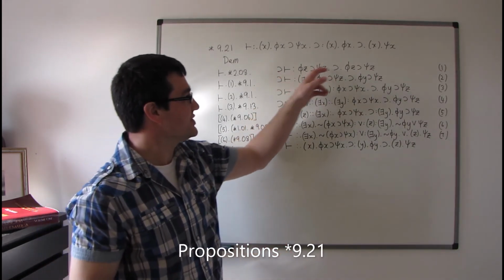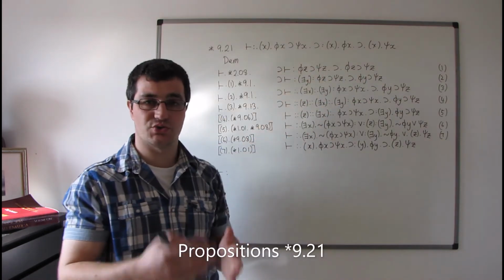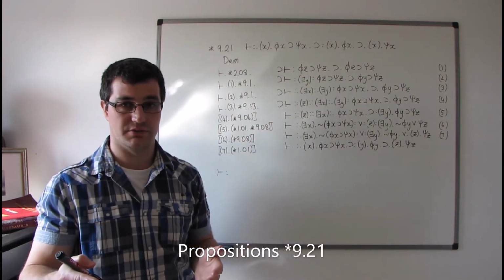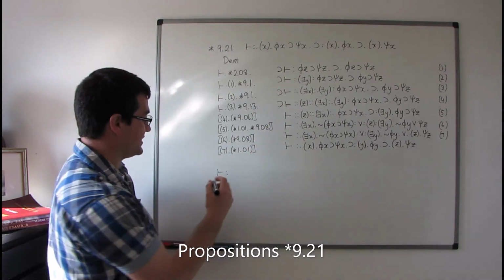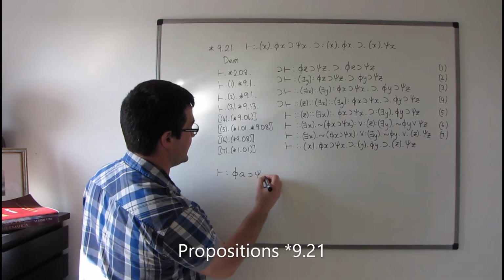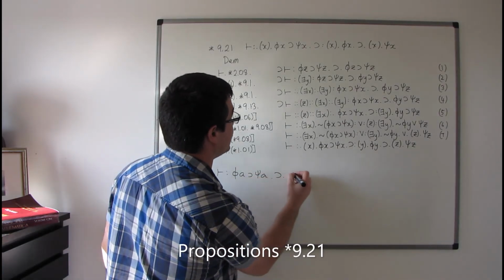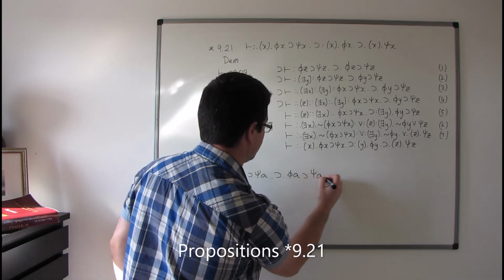So if I can assert this, then that means that this proposition must be true for at least one value. So let's say it's true for z equals a. Then I can assert phi a implies psi a implies phi a implies psi a.